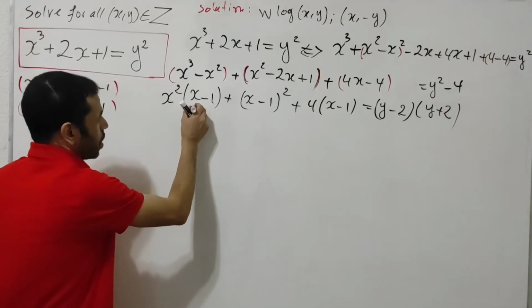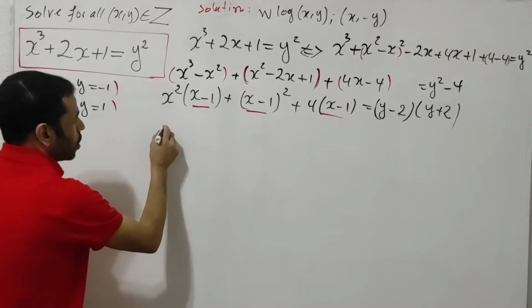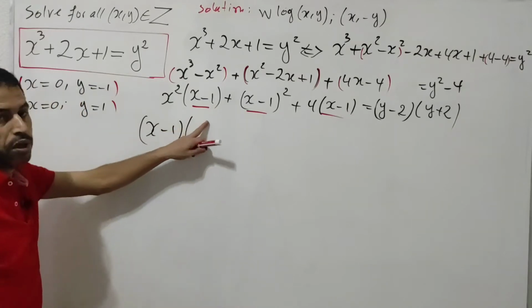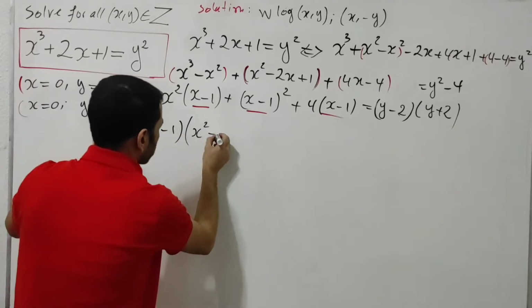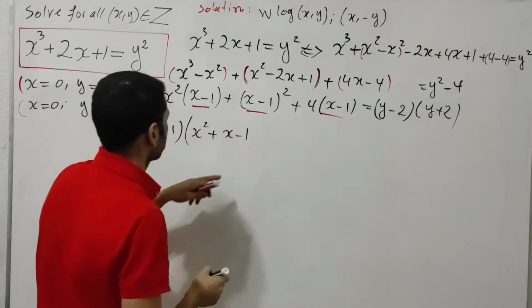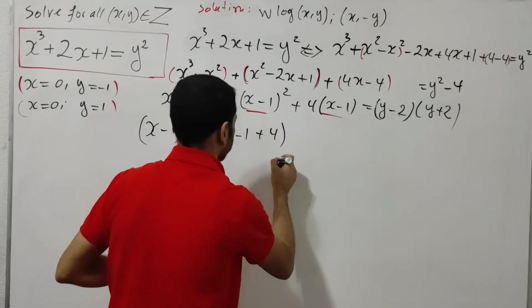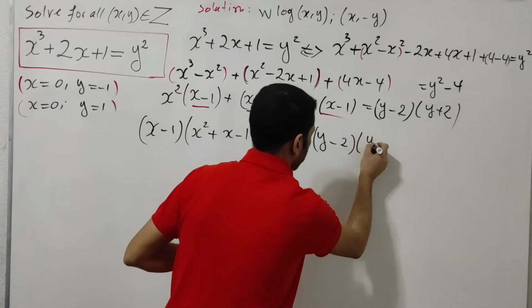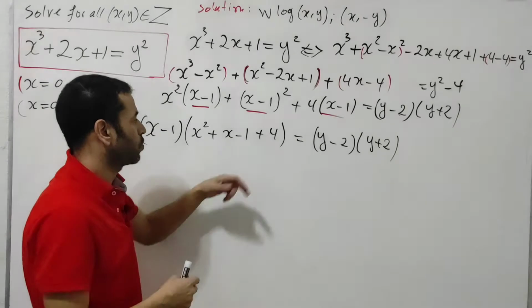So now I will have x minus 1 as a common factor for all terms. This x minus 1 is multiplied by x squared for the first term, then by x minus 1 for the second term, and for the third term by number 4. It's giving us y minus 2 times y plus 2. By simplifying this more, we'll have minus 1 plus 4, which is number 3.